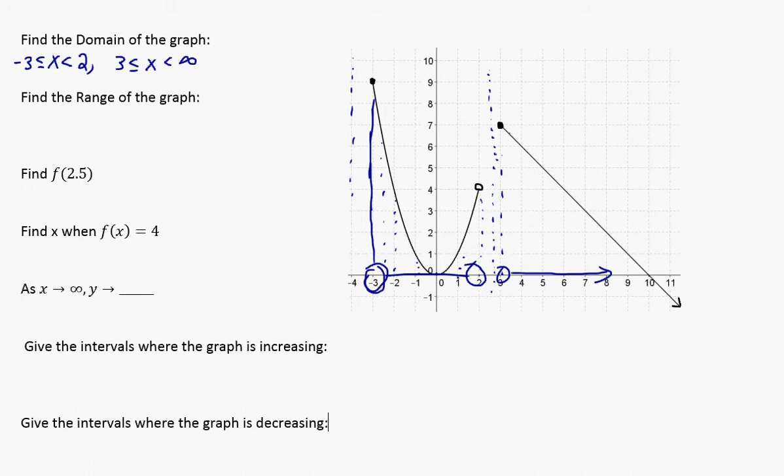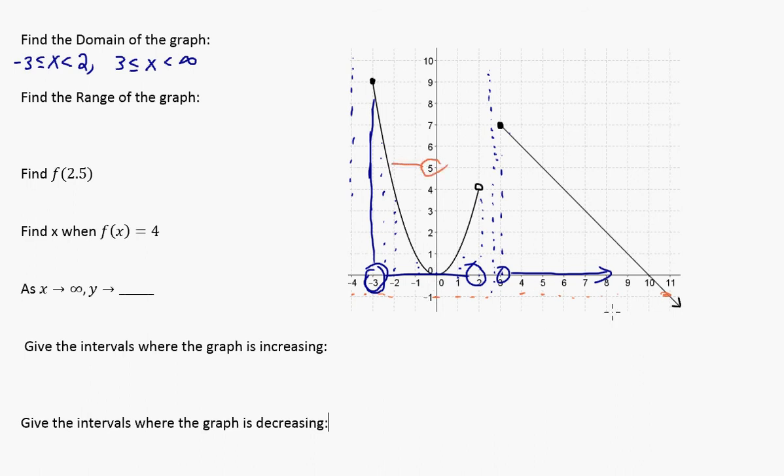Let's look at the output values, the range. All right, so again, we're looking at the y values. Starting down here, looking at -1, the graph will touch at -1 all the way over here on the right. In fact, it'll keep going forever, hitting all the negative y values. At 5, it touches over here.